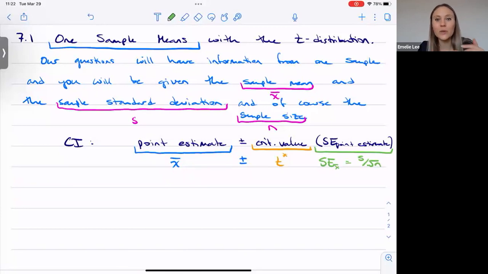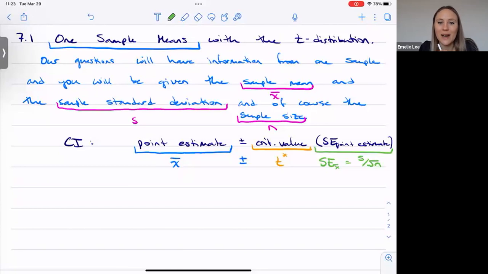If we were doing a hypothesis test for proportions, then we use the hypothesized proportion as opposed to the sample proportion, which we used for confidence intervals. So proportion questions are a little bit harder that way because we have to keep track, whereas now this is always going to be the standard error for X bar.